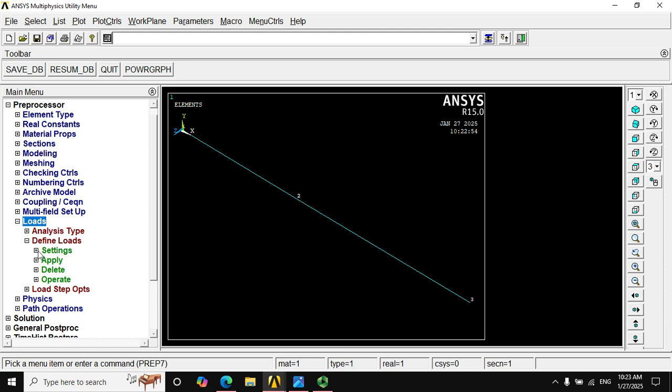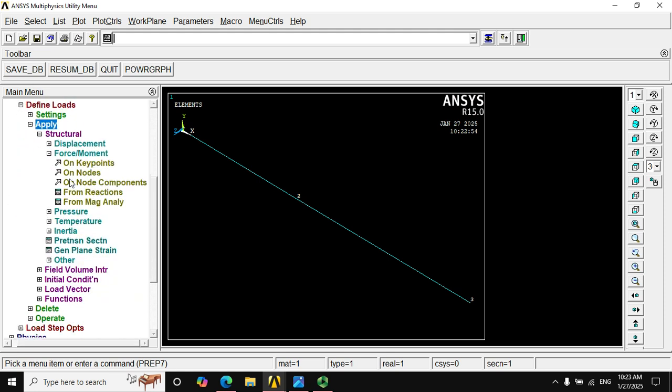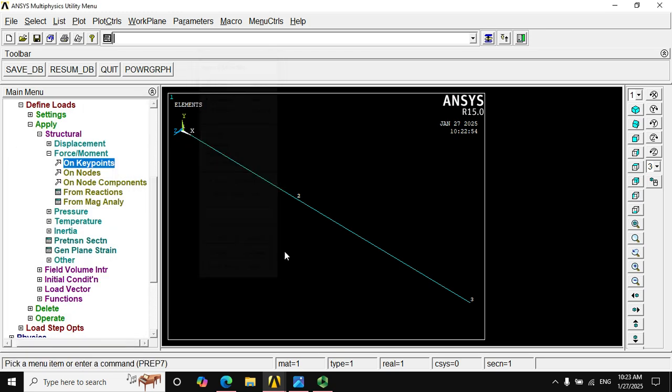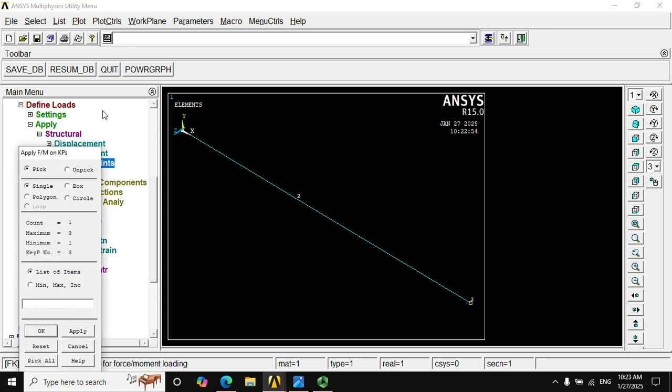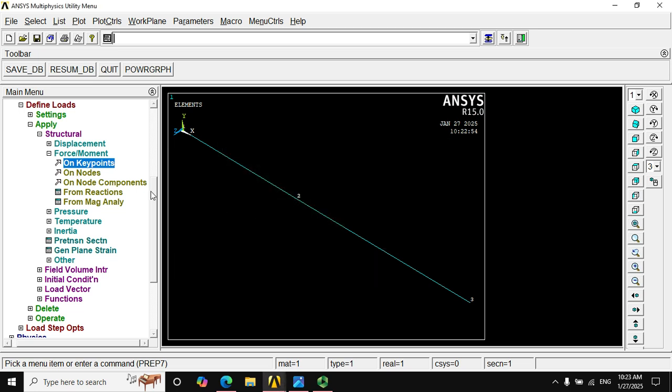Okay. So then next is applying the load. Key point number 3 was fixed, right? Oh no, I'm sorry, we are not gonna put a load there.